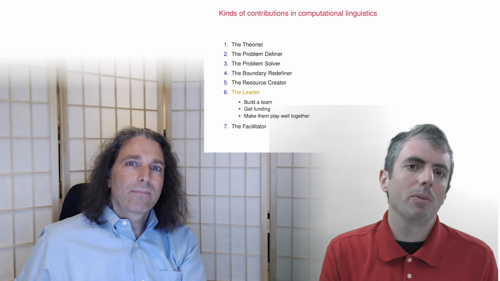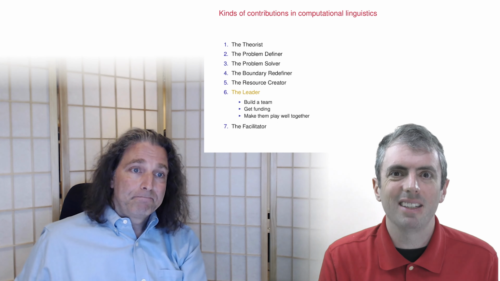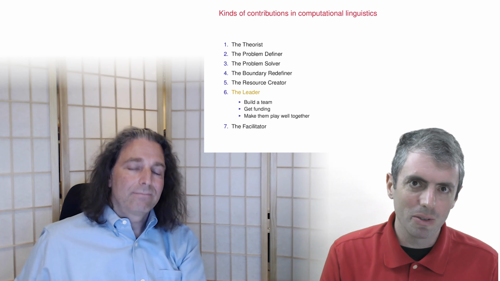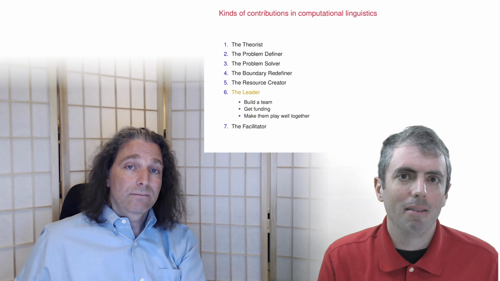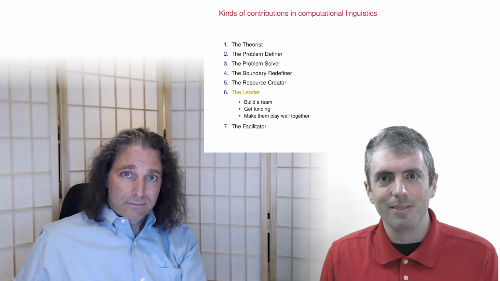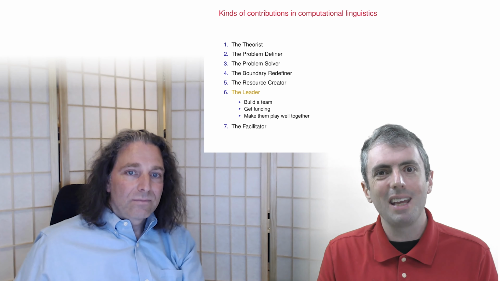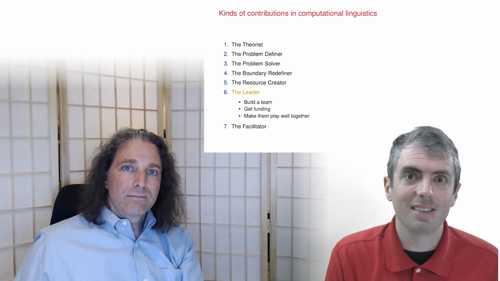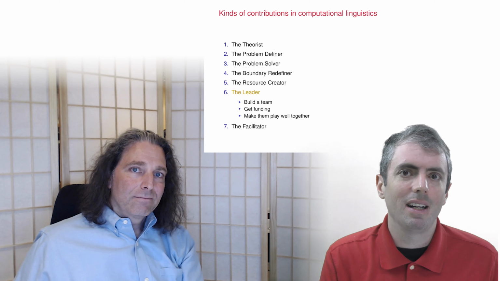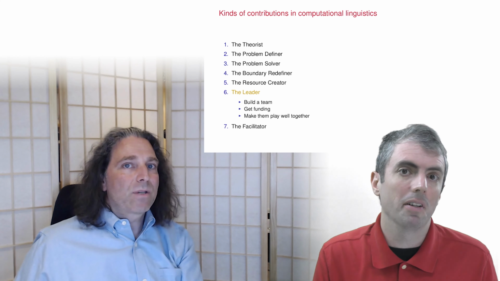Research would not happen without leaders, and for some big projects, you can't succeed without bringing together a resource creator, a problem solver, and a problem definer. But getting a bunch of self-absorbed researchers with their own agendas to work together can be a huge challenge. It takes special researchers to organize such a team, make progress on the problem, and turn that into something that the rest of the community can learn from.